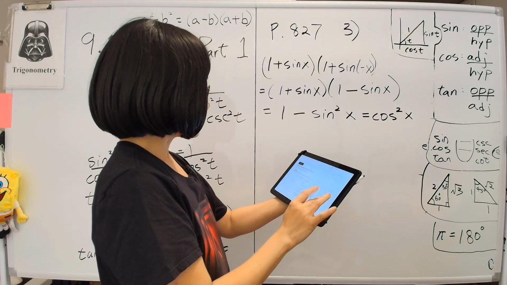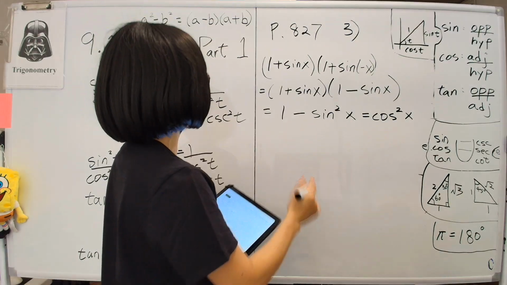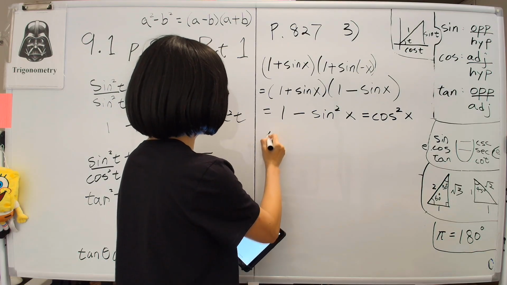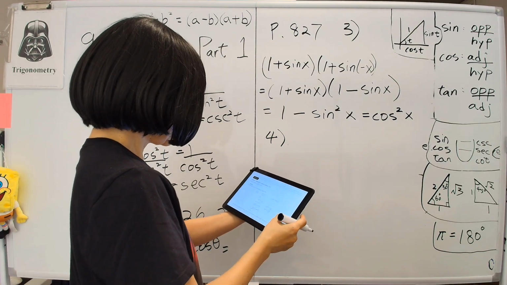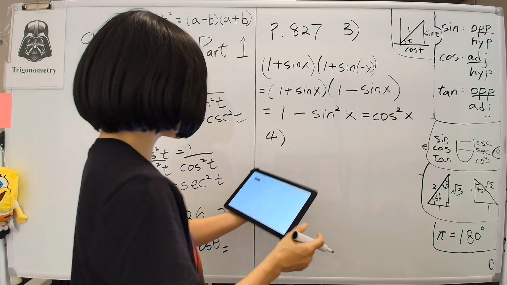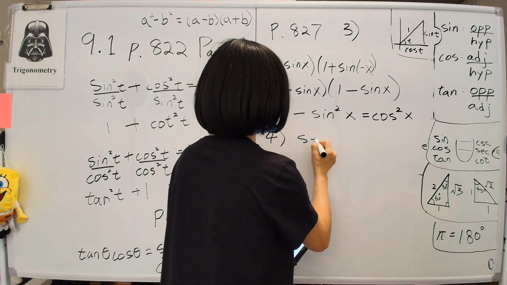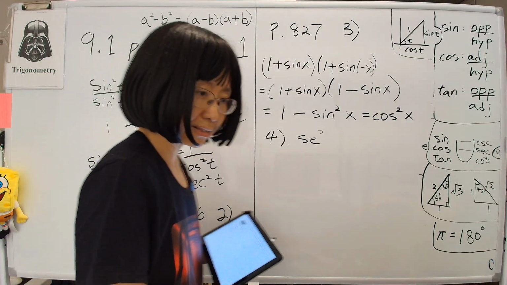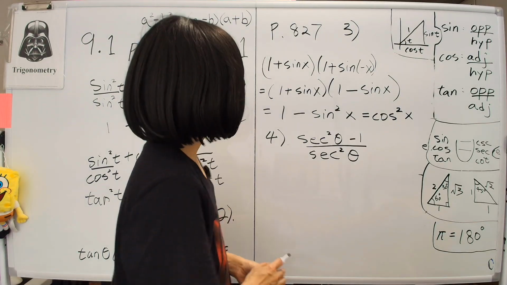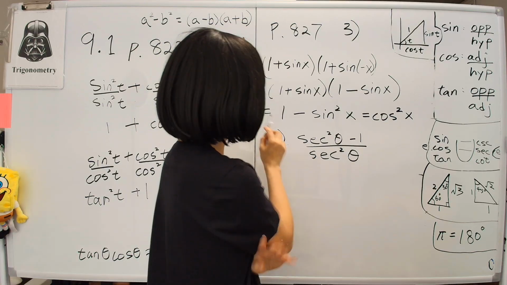Okay, so let's look at the next example on the same page, example 4, which states that we need to verify. Now we're going to work on secants. So we have secant squared, oops, let me write this down. All right, so this is the problem we have, okay?